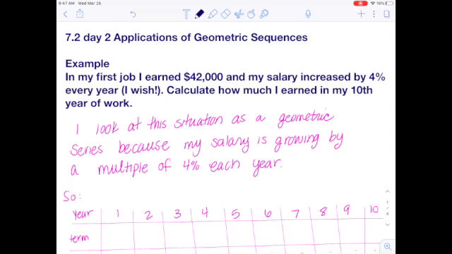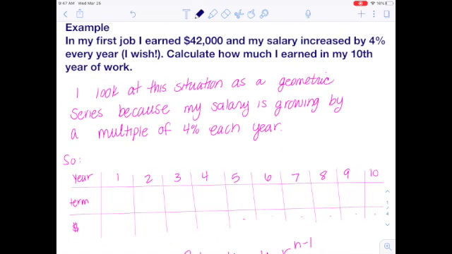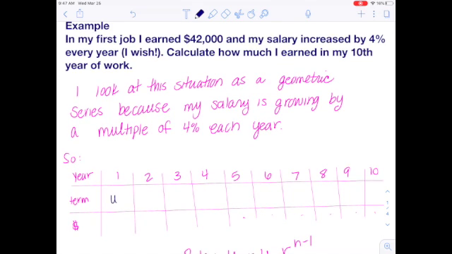If you want to figure out how much it grows, let's make a little chart to organize ourselves. At year one, my term would be U sub 1, and I made $42,000. Now, the following year, that would be U sub 2, I would take that 42,000, and you need to be careful about what you multiply it by.